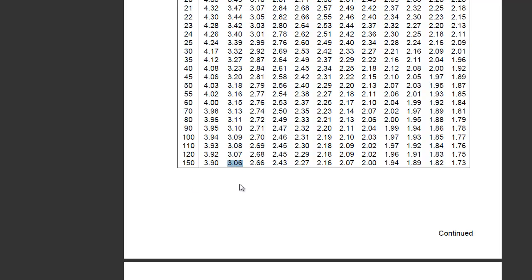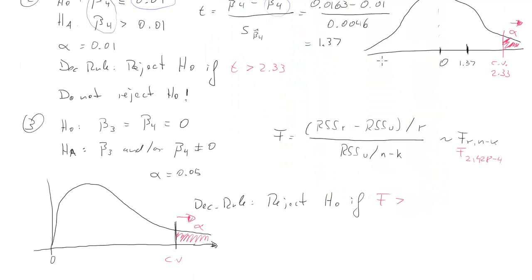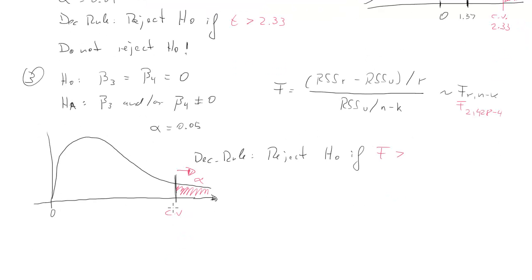So the critical value is 3.06. That's the critical value. So we reject H0 if F is larger than 3.06. So let's do the calculation.